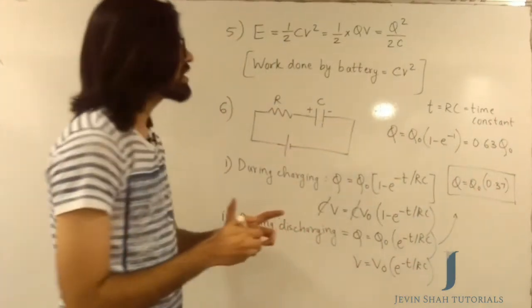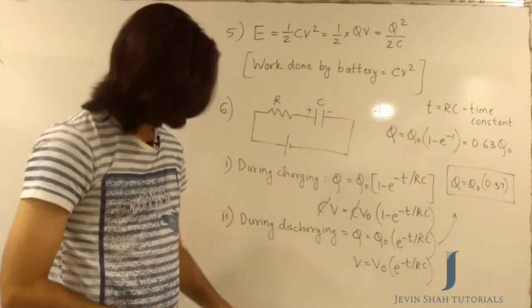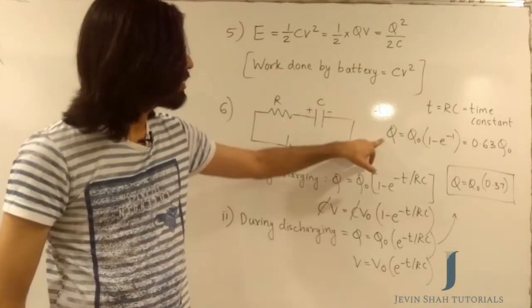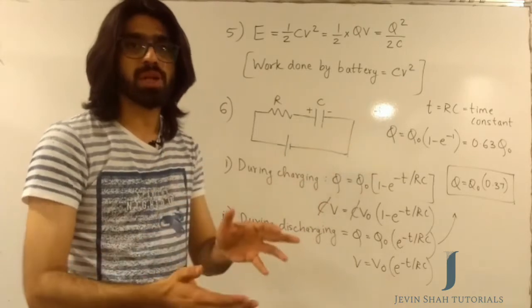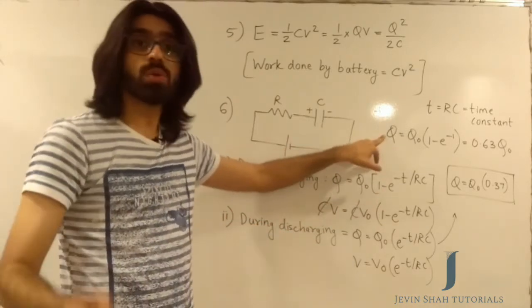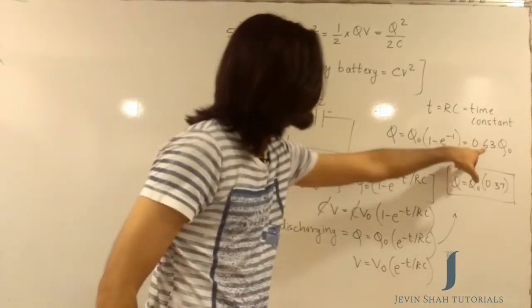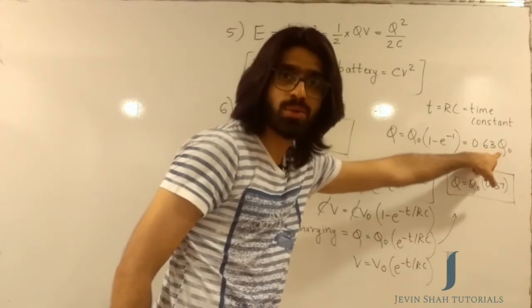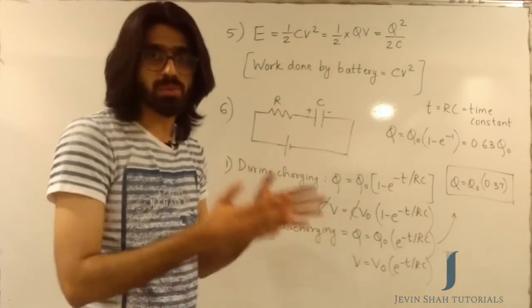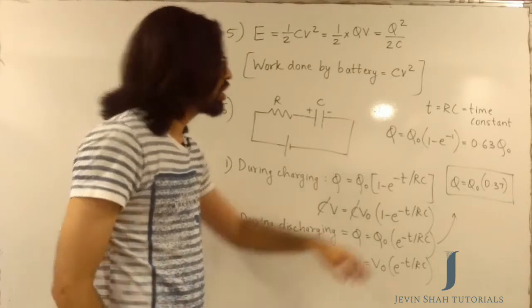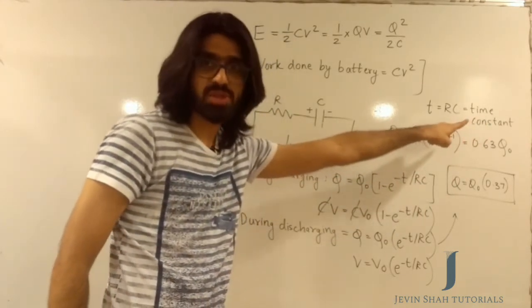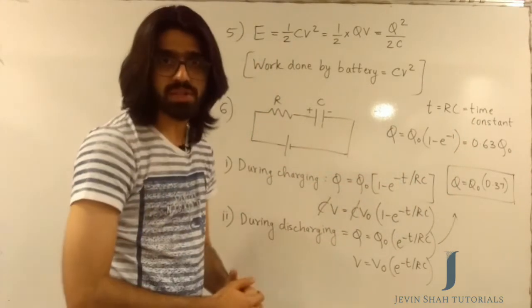So this is where you can start defining the time constant. You can see that for charging, the time constant was the time required for the capacitor to get charged to 63% of the maximum value. So the time that the capacitor will take to get charged to 63% of the maximum charge that it can take is what you call the time constant.